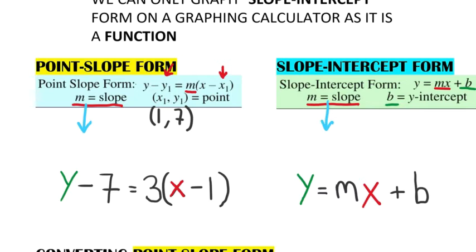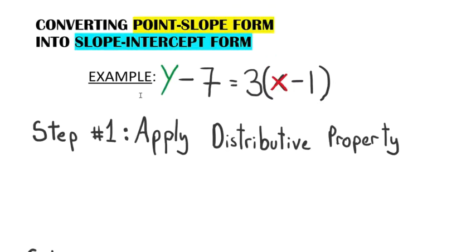We're going to use the above equation that we saw in point-slope form, y minus 7 equals 3, slope, open brackets, x minus 1. Remember that we will need to make sure that the point 1 comma 7 is on the line. So in step 1, what we will do is apply the distributive property towards the brackets.